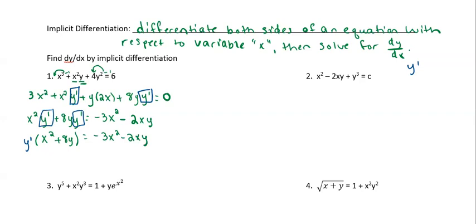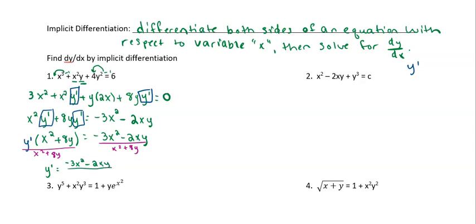Now we still want y prime by itself. So to get y prime by itself, we need to divide both sides by this extra term that we have here, this x squared plus 8y. So that is going to look like our y prime is all by itself now on the left. And then on the right, we have our negative 3x squared minus 2xy in the numerator.